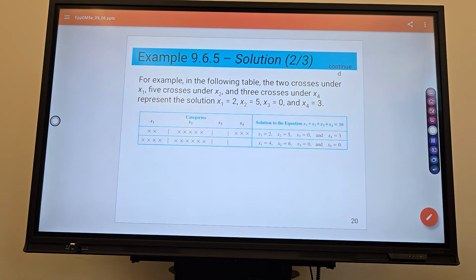So, for example, in the following table, 2 crosses under x1, 5 crosses under x2, and 3 crosses under x4 represent the solution 2, 5, 0, and 3. 2 plus 5 plus 0 plus 3 is equal to 10.